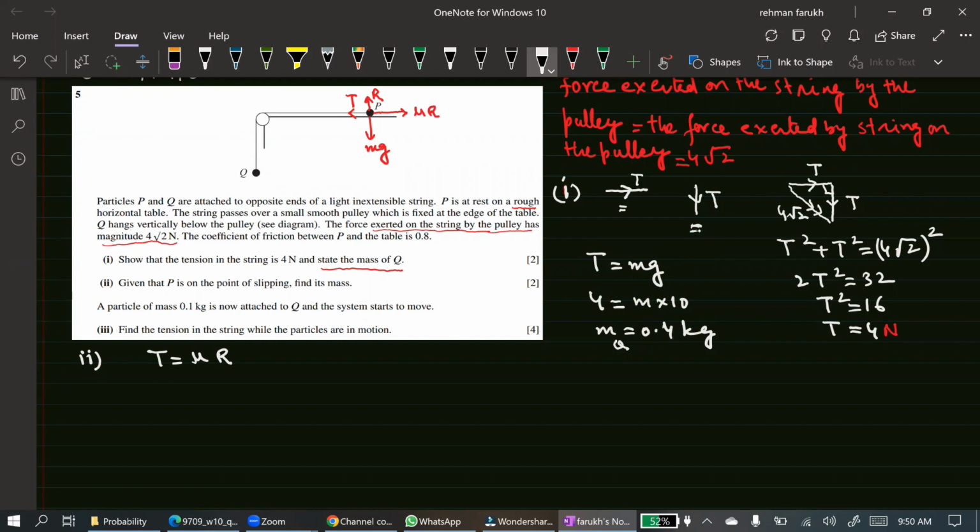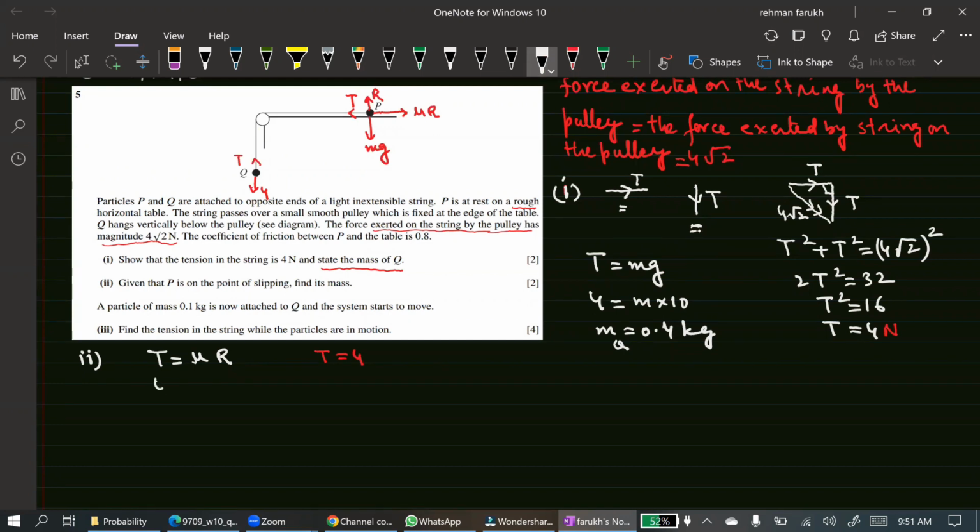The weight of Q is 4 newtons, and the tension T is also 4 newtons.